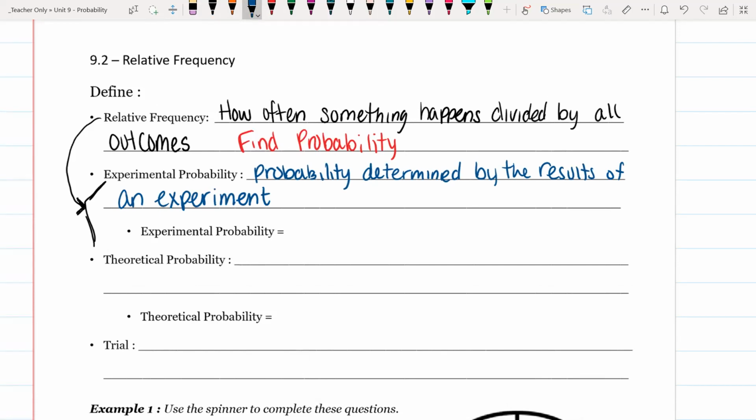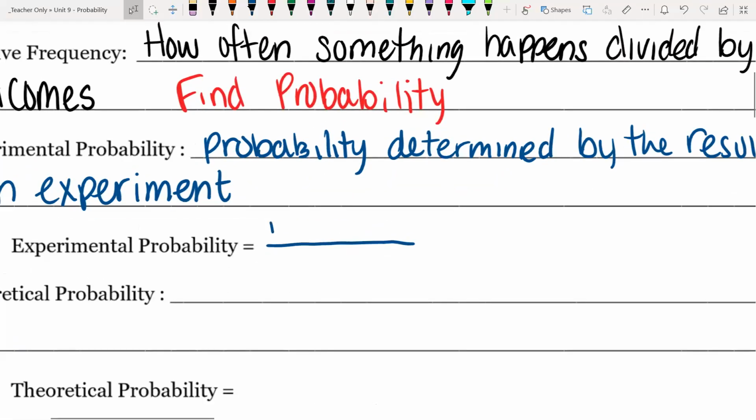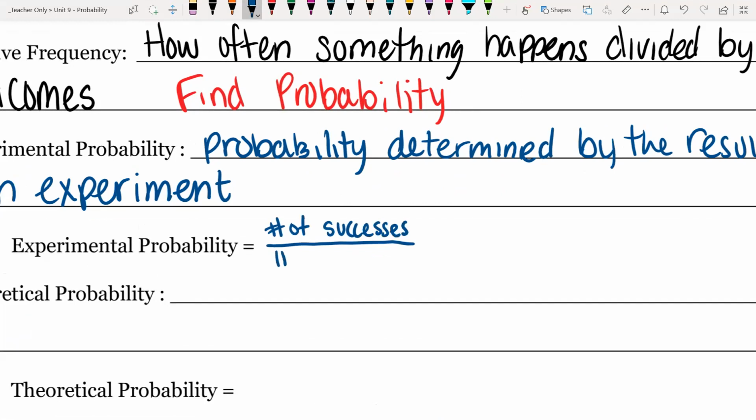What that really means is it's the number of successes over the number of trials. So how many times did our experiment work out of the number of times we've experimented?